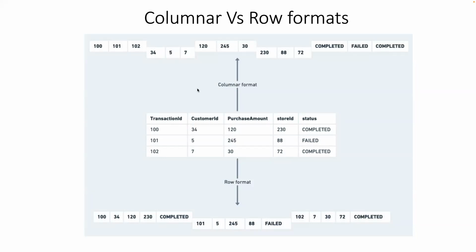Whereas in columnar format, you basically store each column in a single block, right? So when you do the reads, it's much more efficient, because usually with these queries you're only interested in specific columns, right? So there would be fewer hops for the engines to pick up specific columns.